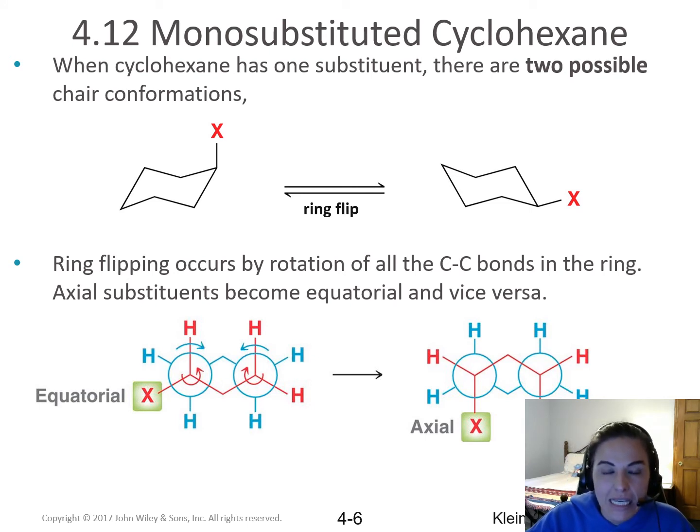As you can see in this ring flip, my first back carbon that had my X substituent moved around, and now it's in a different position, and all of its axial bonds have become equatorial. And even though they're not drawn out, all of the equatorial bonds became axial.